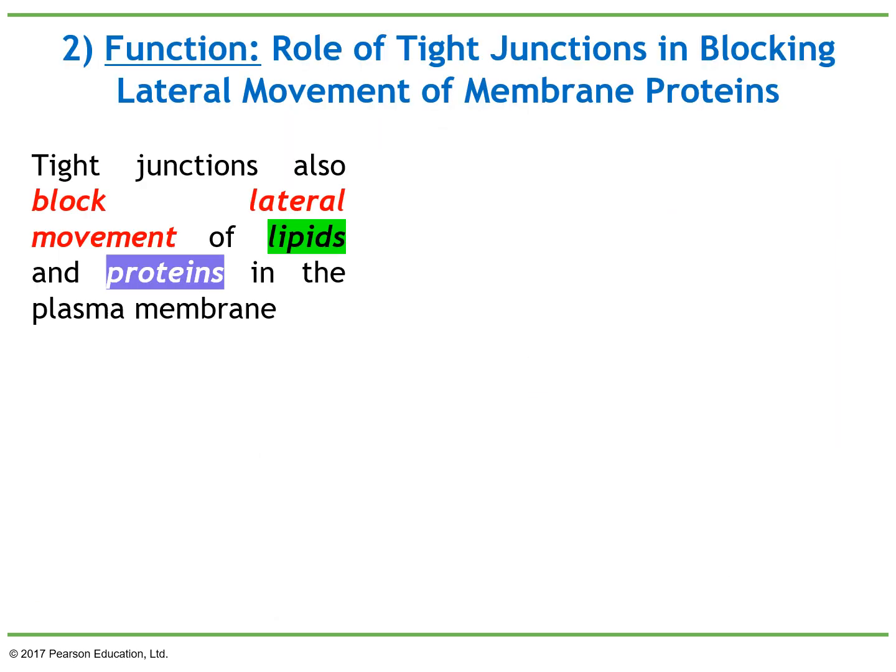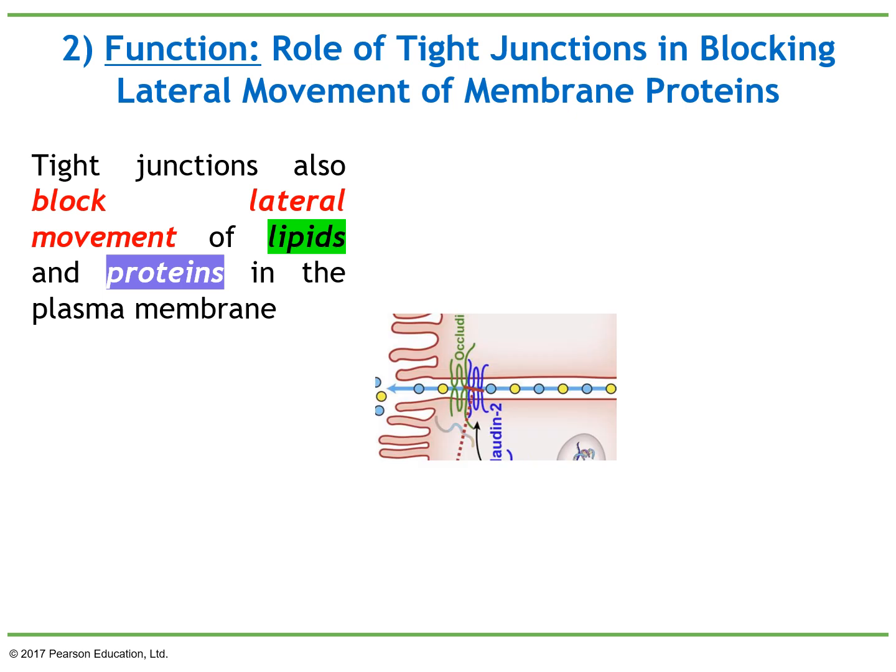So one good example is that the tight junctions are blocking the lateral movement of membrane proteins. Again, imagine here you have a lipid bilayer, you have proteins. What is happening is that here you will not have more proteins. These proteins are not going to be there because that area will be blocked.